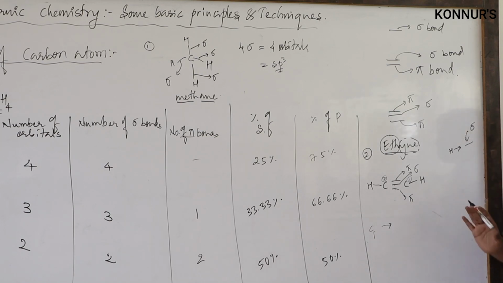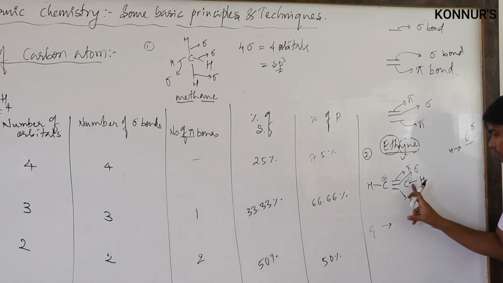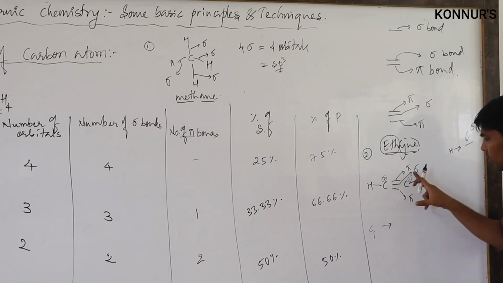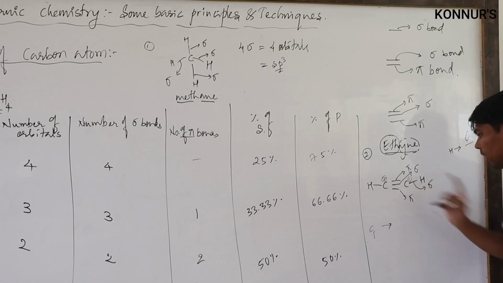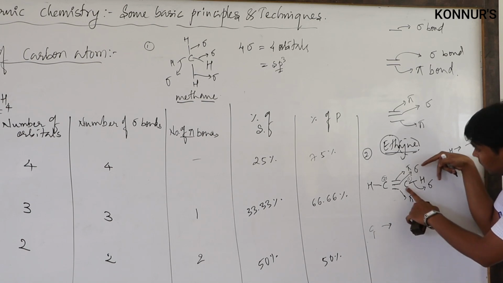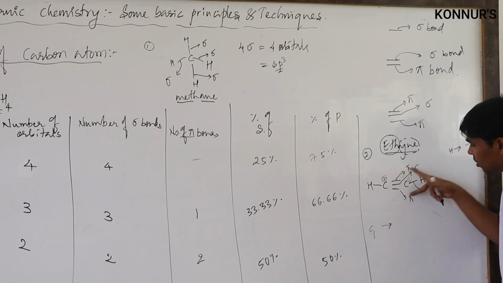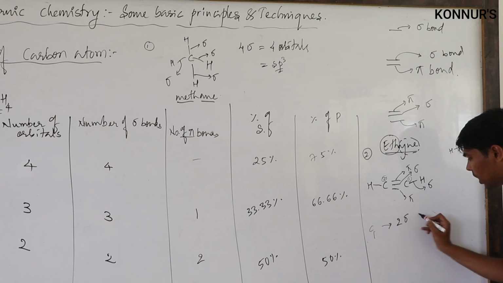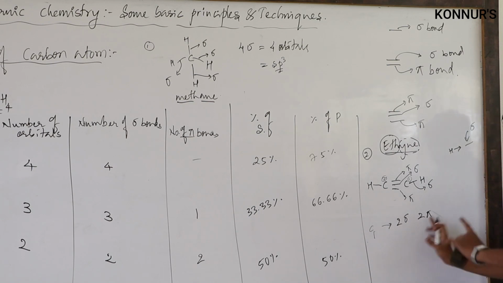Take it for granted, it's a sigma bond only. So C1 has 4 bonds: this is a sigma bond, this is also a sigma bond, and these two are pi bonds. So for this carbon, there are 2 sigma and 2 pi. 4 are there.